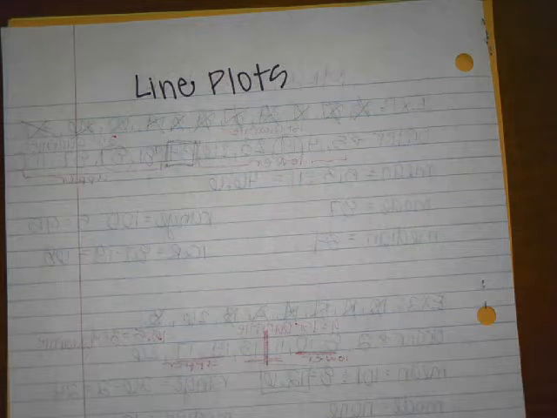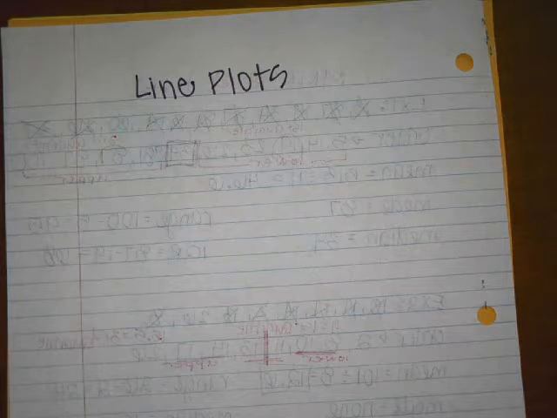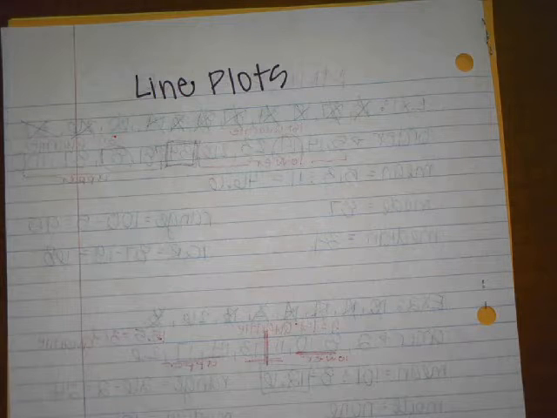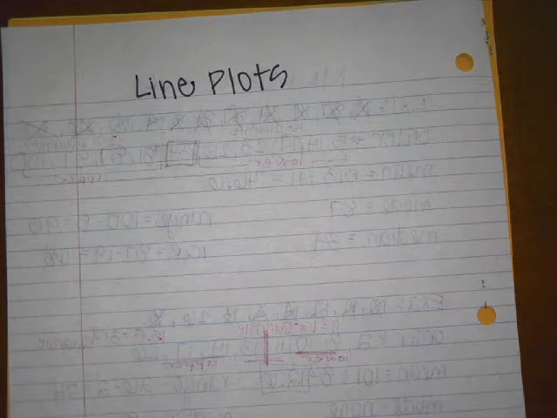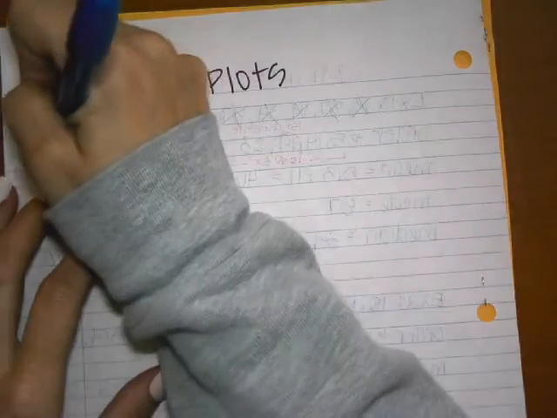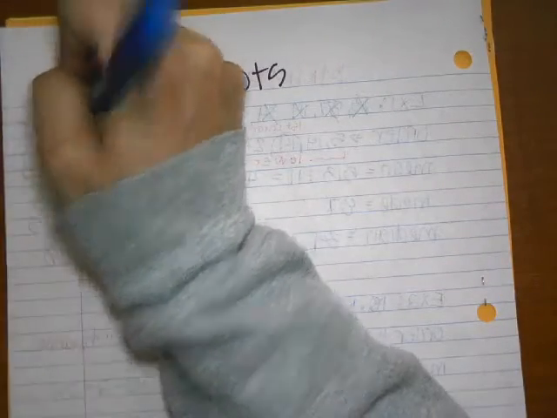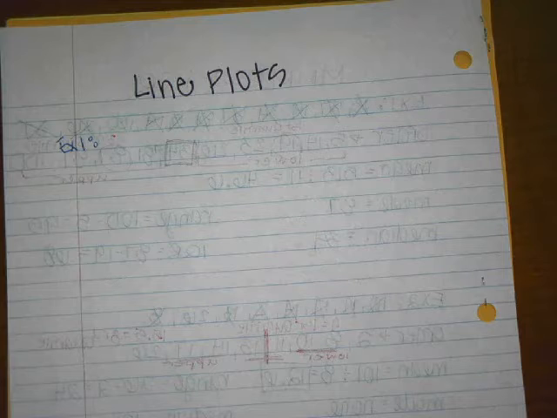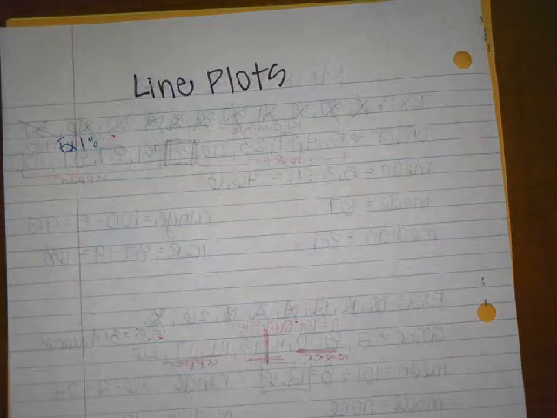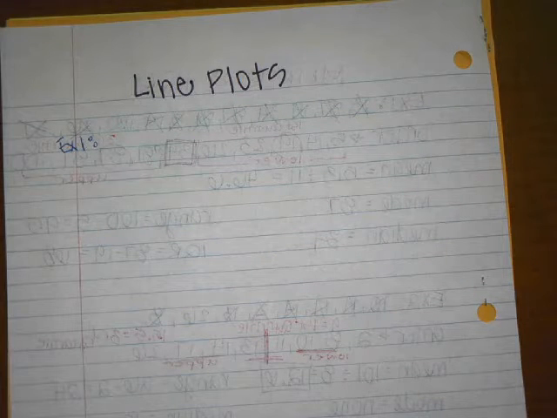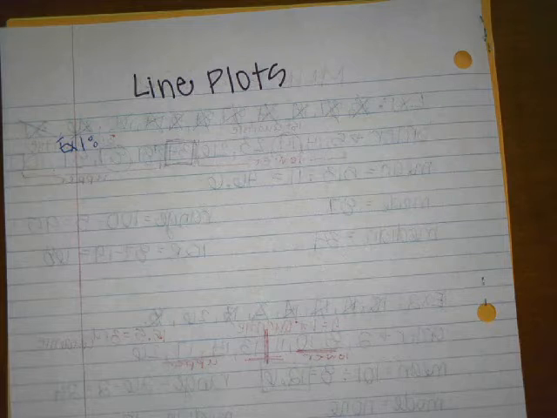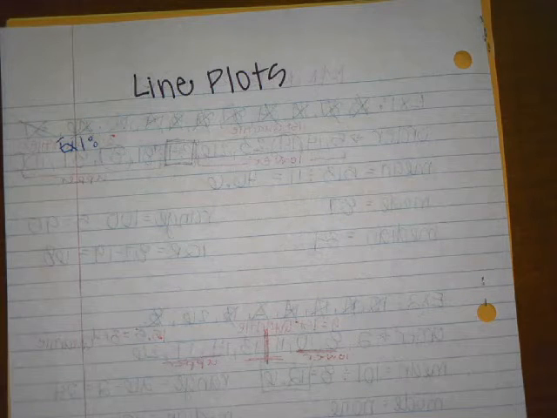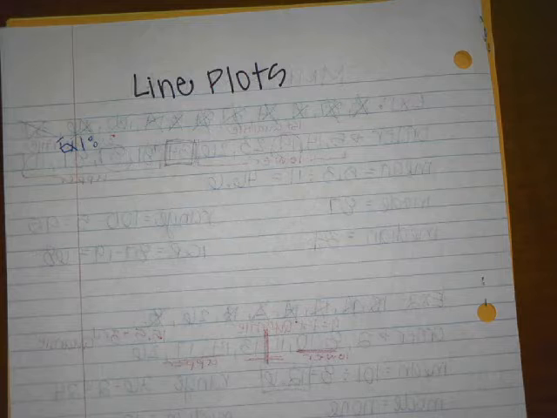We are going to create a line plot of our shoe sizes in this class. So you guys are going to list off your shoe sizes, and we're all going to write down our shoe size. If you need to look at your shoe to know what size it is, it should be on the flap of your shoe or something like that if you're wearing tennis shoes. Otherwise, sandals, it's probably rubbed off.